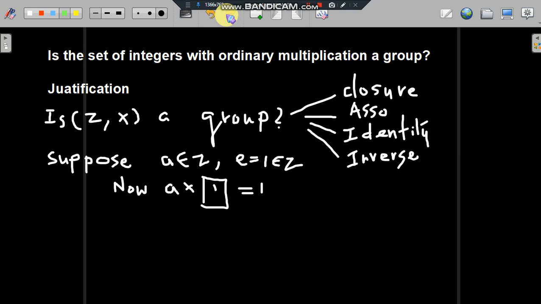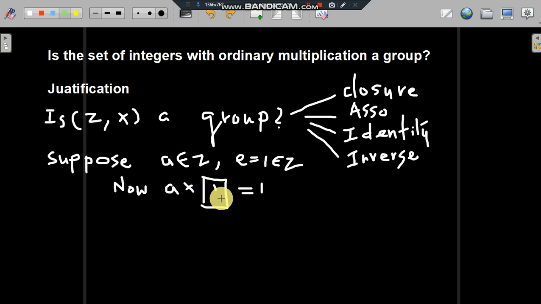This is the condition for inverse. That means for every A there exists a number such that when you operate with that particular number, you get the identity. For all elements A, there must exist some element A dash, so that if you multiply both of them, you get the identity 1.